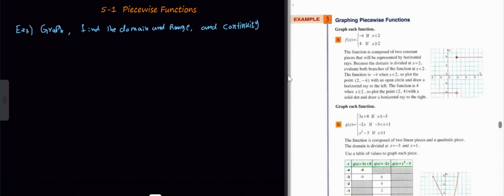Branch A, we don't have any x here, it's just a number. Branch B, we have x here. How can we graph them?